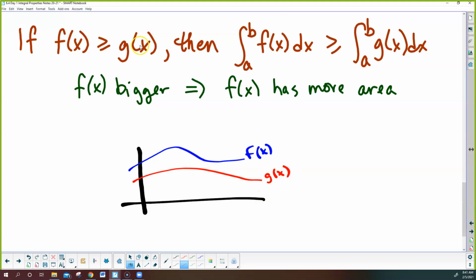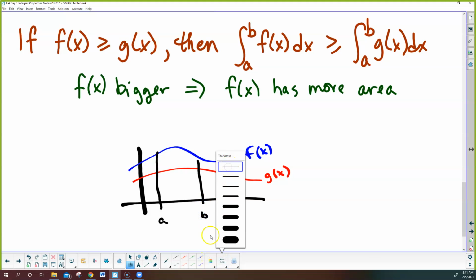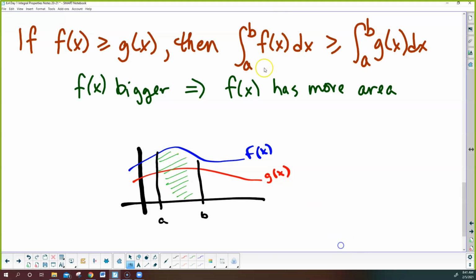If this fact is true, then my conclusion is if I go from A to B, then the area underneath the curve of f, so this big area right here, will be greater than the area under g. Because under g would be from A to B, that would be the orange area, and you can definitely see that the area of f is larger than the area of g.